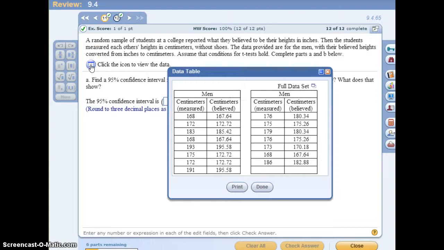If we click on the icon here, one column is measured and one column is believed. To calculate the confidence interval, we open the data in StatCrunch.